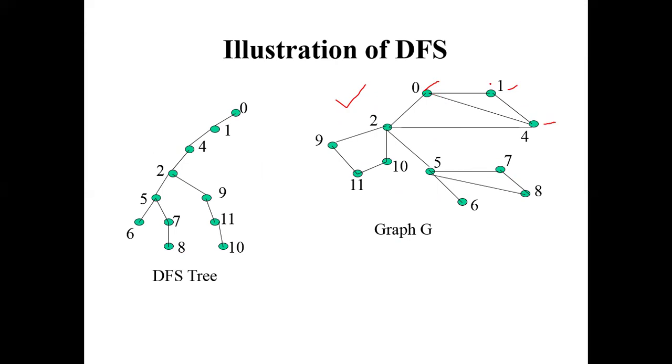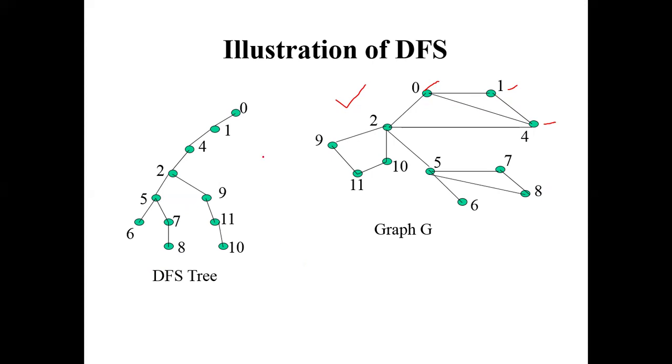For node 0, 1 is a neighboring node, and for node 1, 4 and 2 are also neighboring nodes. I will take only one path and travel in depth until I reach all the unvisited nodes.